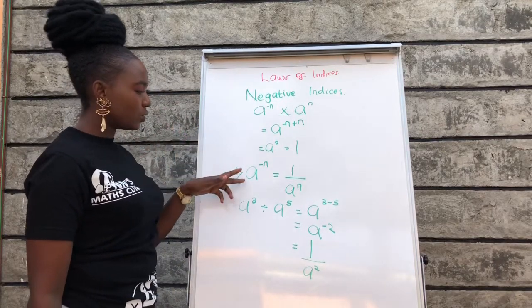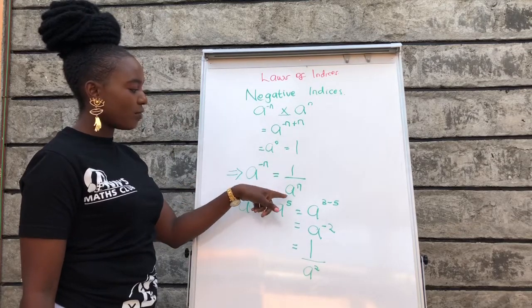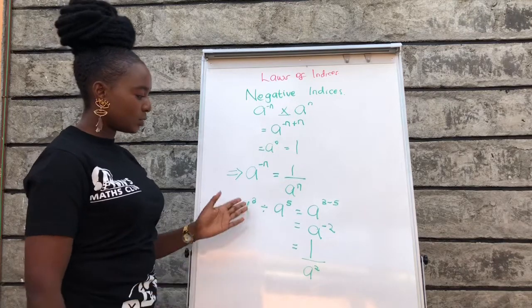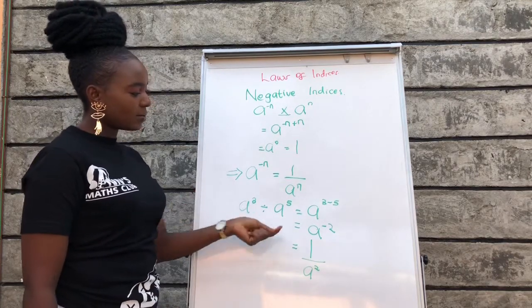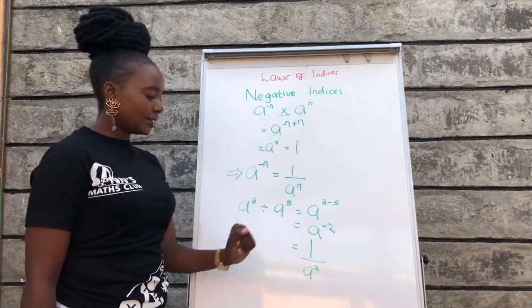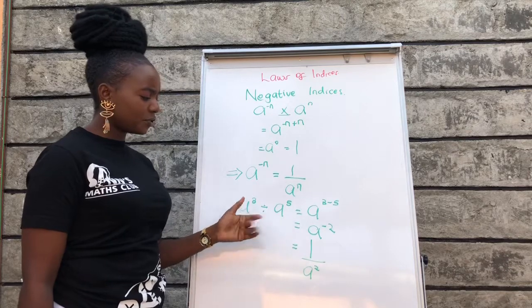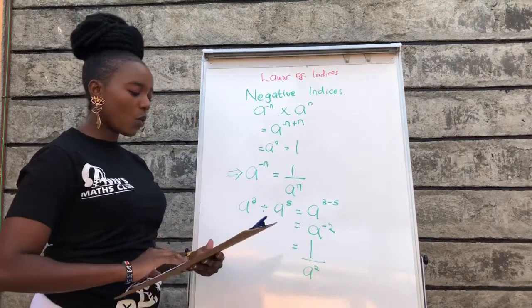Or you can choose to use this formula: a raised to negative n is equal to 1 over a^n. This was an example given a^3 divided by a^5. It becomes a^(3-5), which is technically a^-2. Instead of writing that, you can choose to write 1 over a squared.